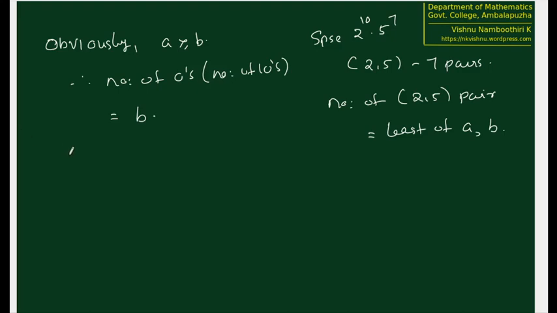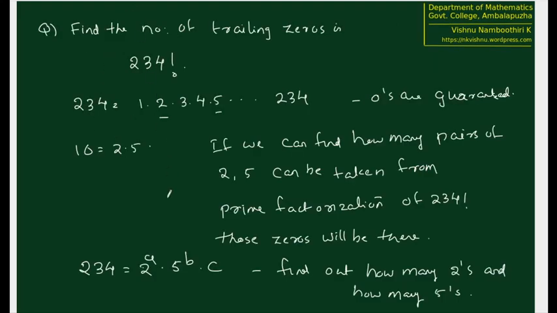Now to find out the largest power of 5 appearing in this factorization, 234 factorial is equal to 2 to the power a, 5 to the power b and c.